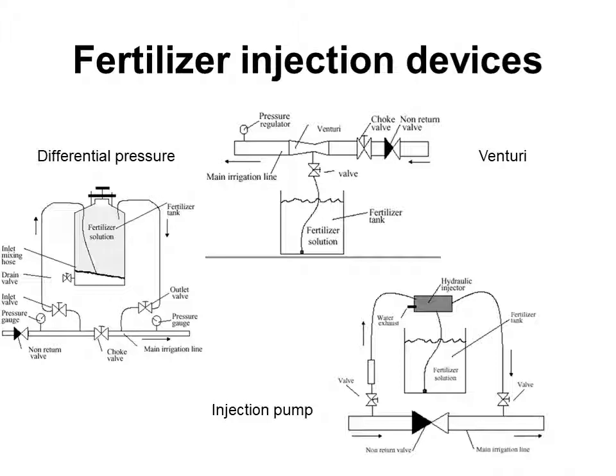The same happens with a venturi. In a venturi, we create a depression by this narrowing of the pipe. This is called a venturi, and this is connected to the fertilizer solution tank. As we have here a depression, it will take up fertilizer solution and inject it into the main irrigation line.